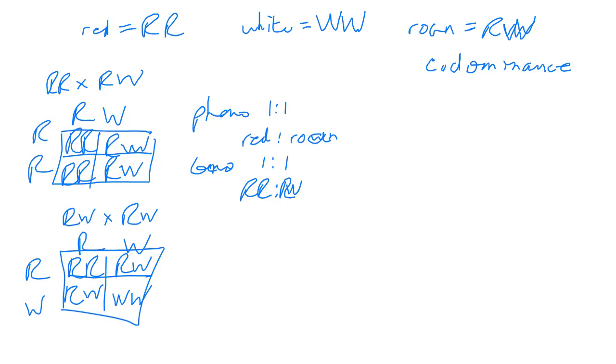So our phenotypic ratio is red, roan, and white. It's not 3:1. But aren't we crossing two hybrids? RW with RW? I mean, they're both hybrids. Why do we not get a 3:1 phenotypic ratio?